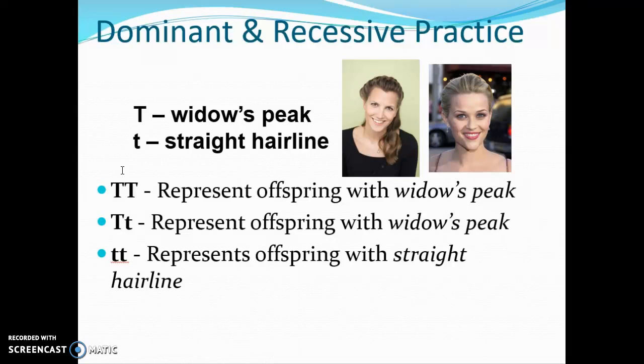If they have a capital T, lowercase t, they're also going to show that widow's peak because they have one of those capital letters. We call this complete dominance. There will be exceptions to this rule; we'll talk about that a little bit later on. Lowercase t represents an offspring or a person with a straight hairline.